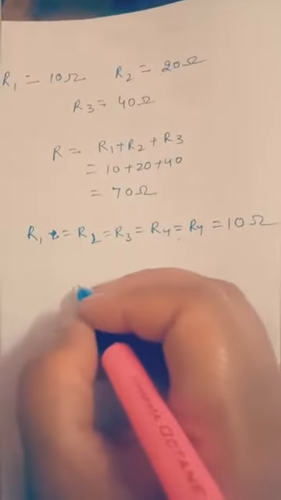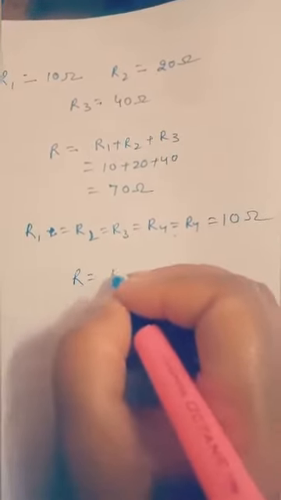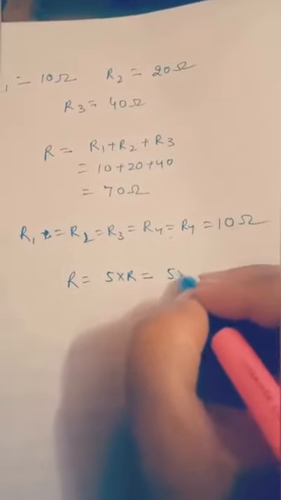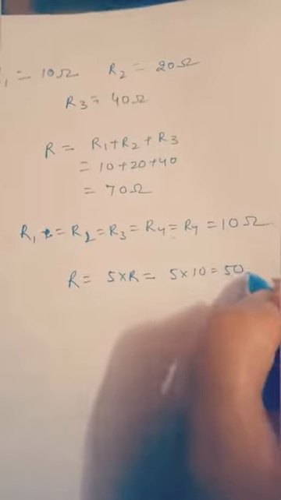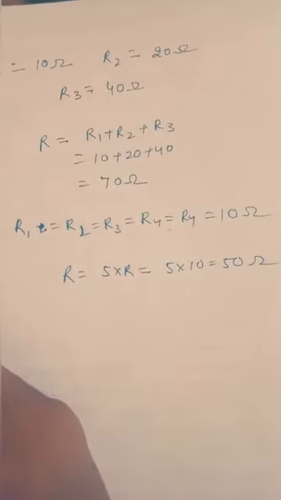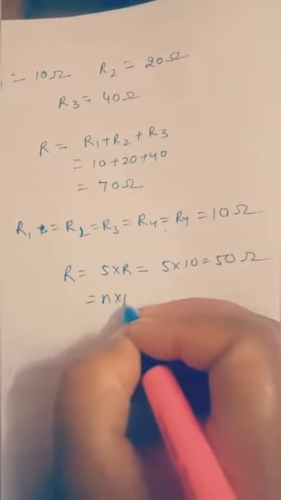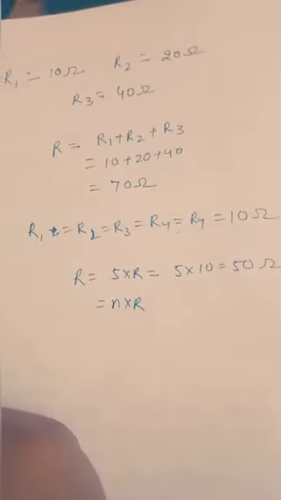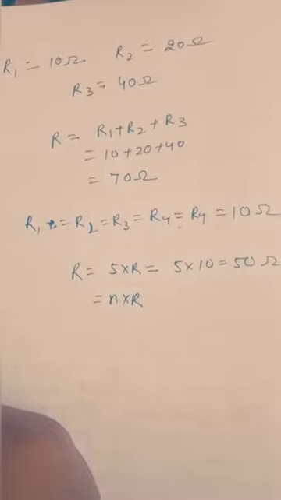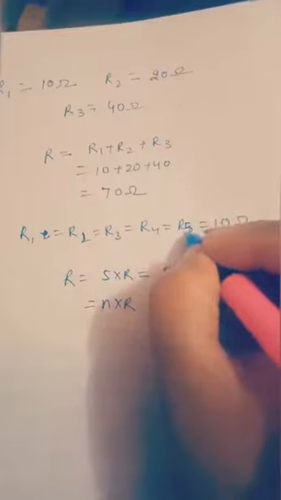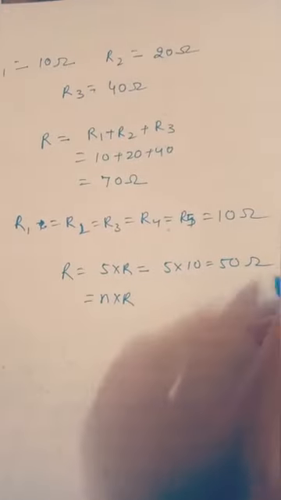So what will be the value of resistance? Simply 5 multiplied by R, that is 5 into 10, 50 ohm. You have 5 resistors connected over here, so the value is 50 ohm.